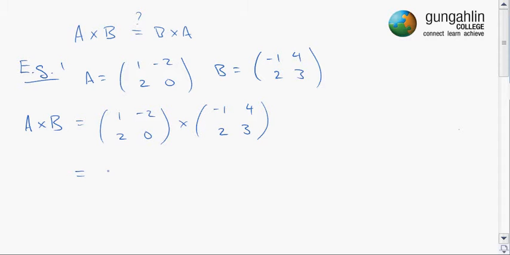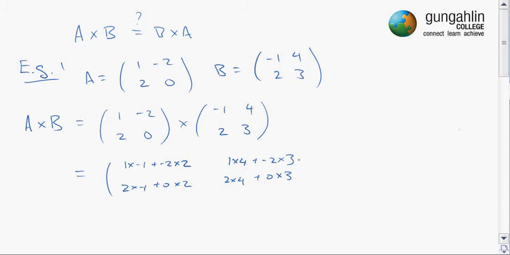So 1 times -1 plus -2 times 2, 1 times 4 plus -2 times 3. Row 2 times column 1 is 2 times -1 plus 0 times 2. Row 2 times column 2 is going to be 2 times 4 plus 0 times 3.